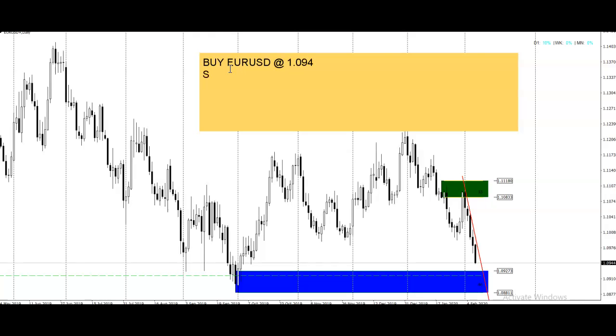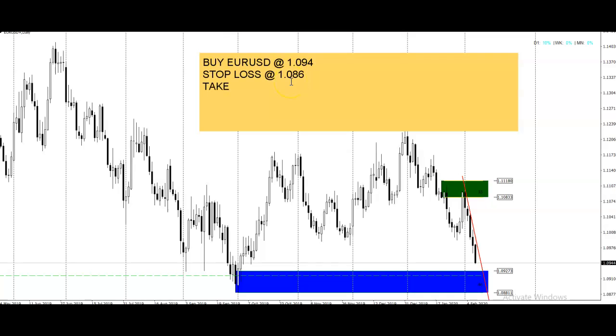For the stop loss, we want to put it underneath the zone, so I'm just going to do an 80 pip stop loss. So stop loss is at 1086. That's well underneath that zone, 20 pips.